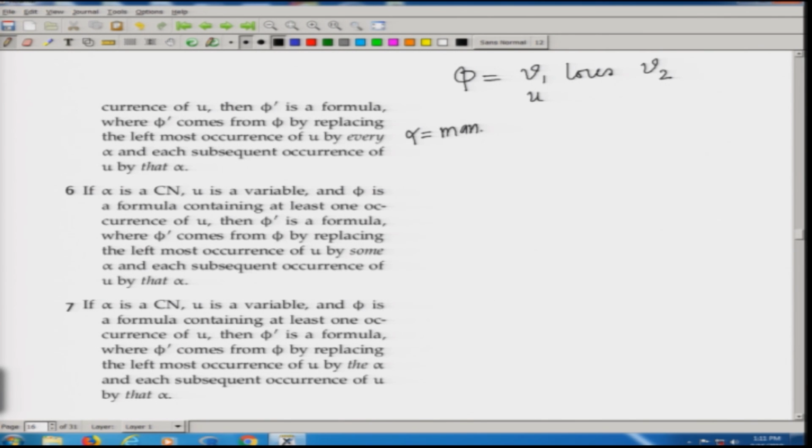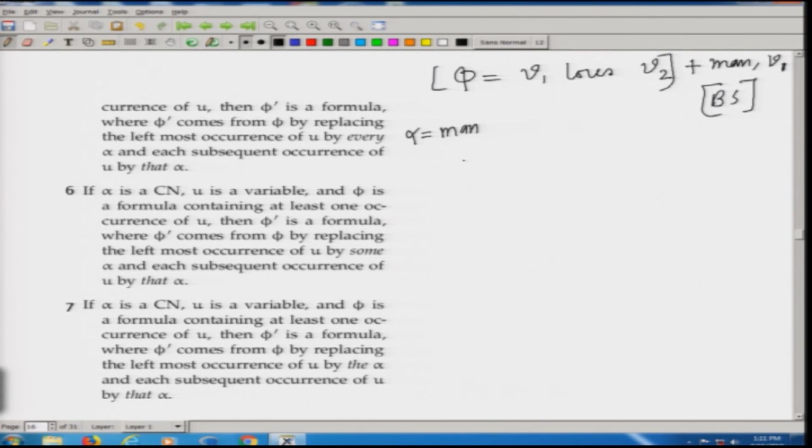then by this rule, that is B5, what we get is, you just add man and V1, that is with respect to V1. This is the notation we are going to use for convenience by following B5.